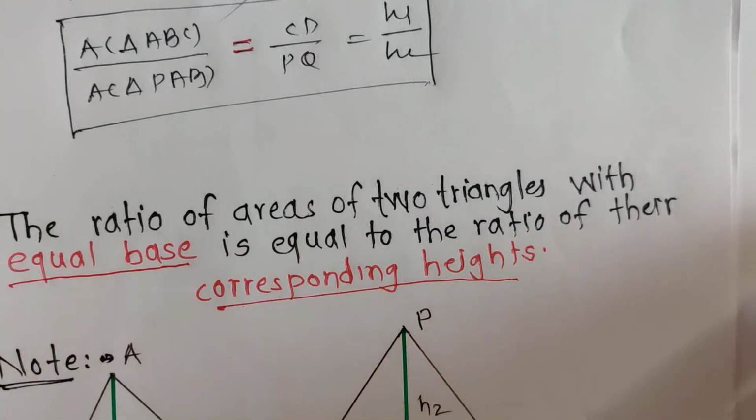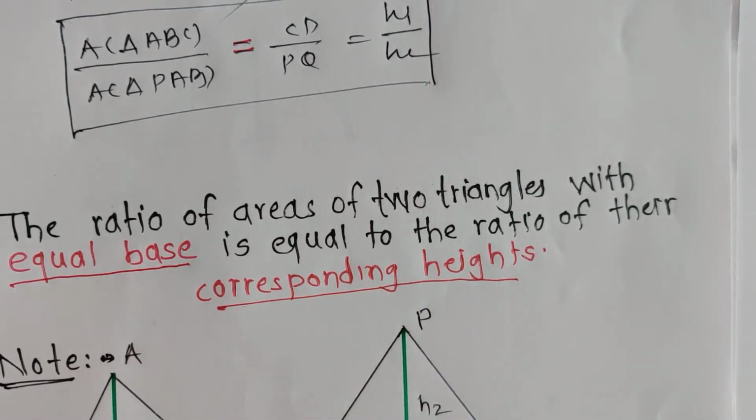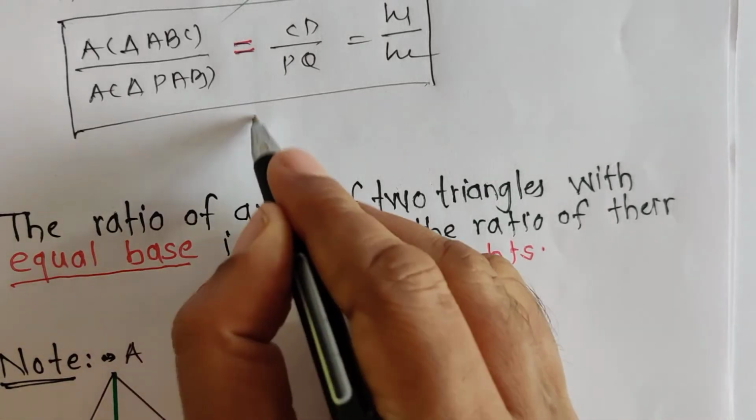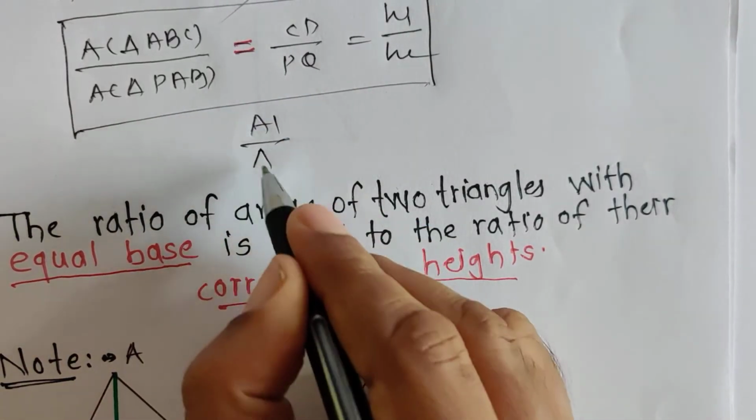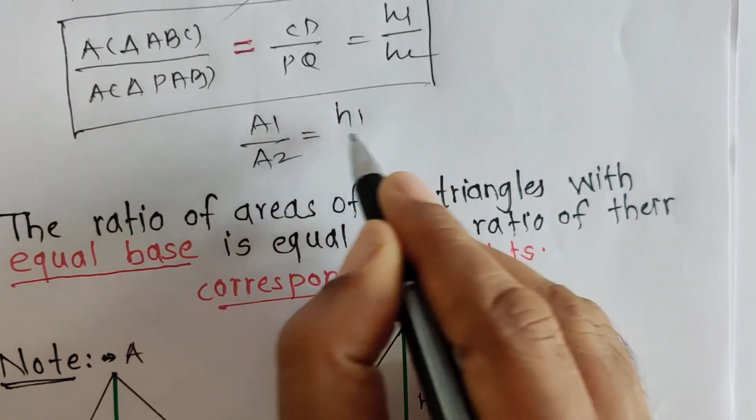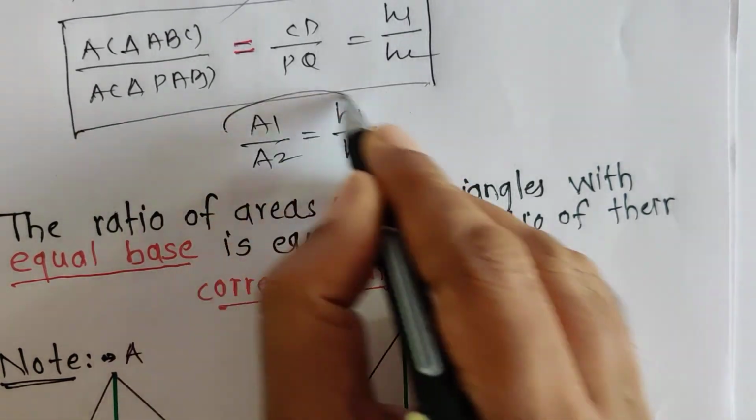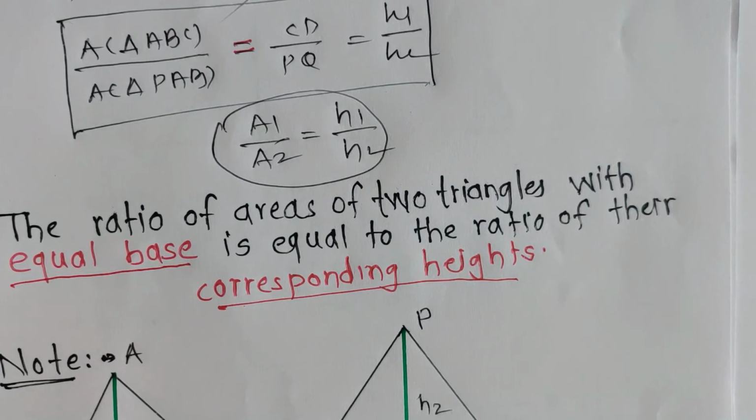Means if bases are equal, then the ratio of their areas is equal to the ratio of their heights. So we get this relation: A1 upon A2 is equal to H1 upon H2.